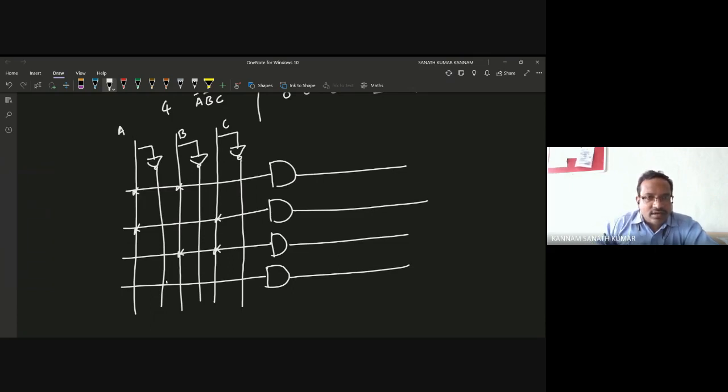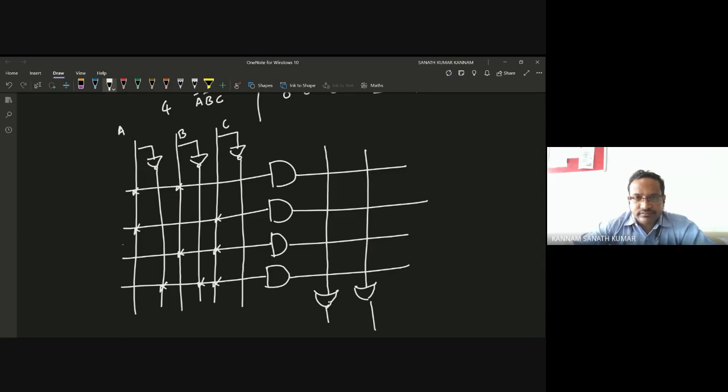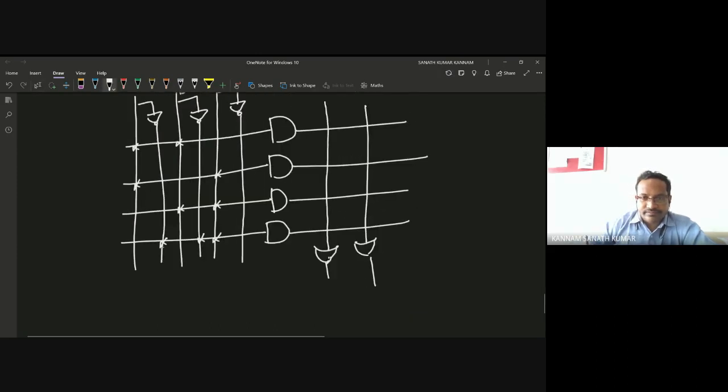A bar, B bar, C. Okay. Now these are connected with an OR array.